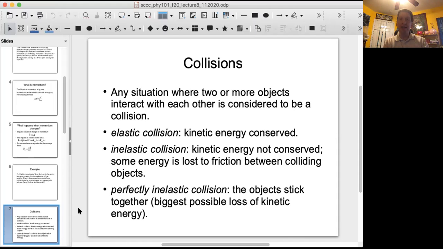The most kinetic energy that you can lose in a collision is the perfectly inelastic collision, where not only do the surfaces collide with each other, they stick together. Then the two objects move together as one from that point. That's a perfectly inelastic collision, and it's the most possible energy that you can lose.